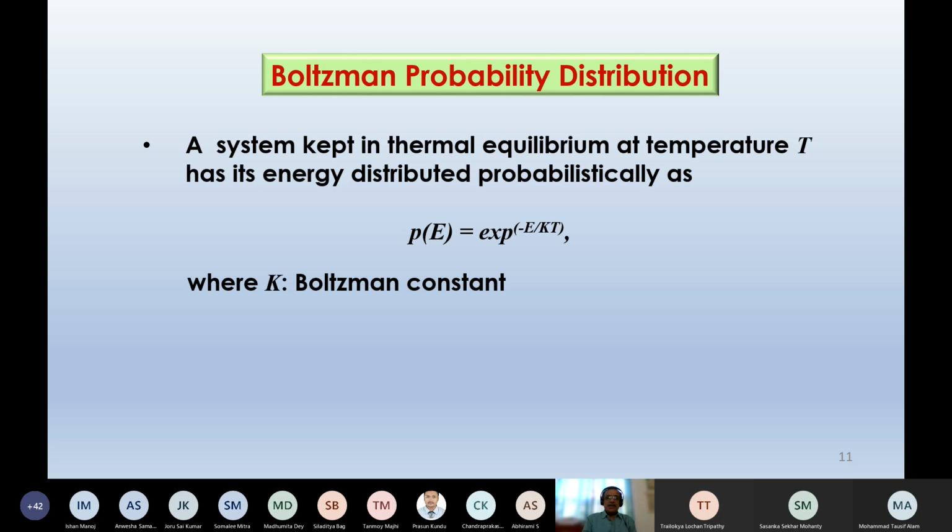Now, as I told, we are going to model the cooling process of molten metal through a large number of iterations. So initially the temperature was the highest, and at the end I'll get the lowest temperature through a large number of iterations.